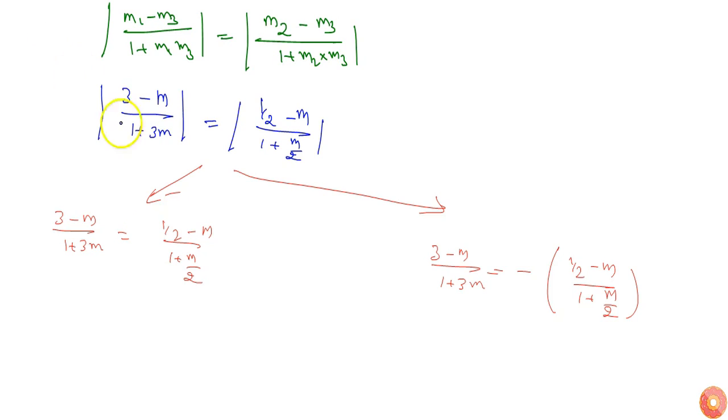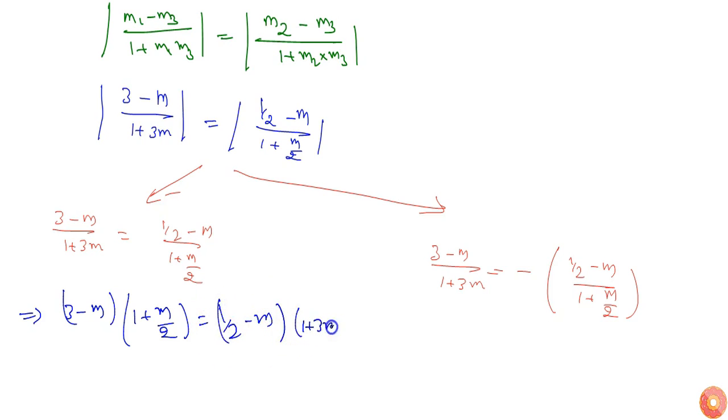So from here I can write 3 minus m multiplied by 1 plus m by 2 equals 1 by 2 minus m multiplied by 1 plus 3m.